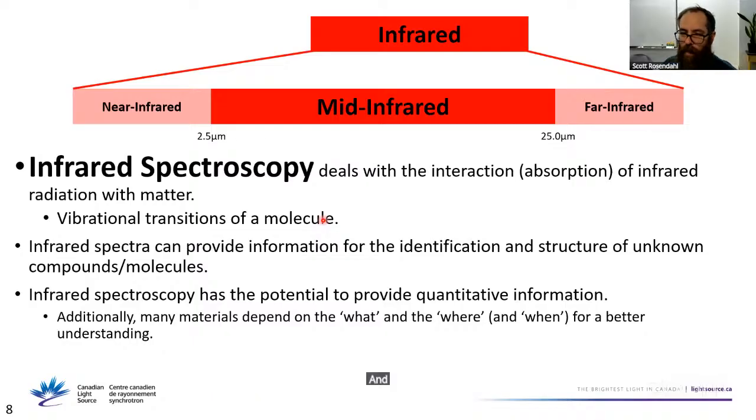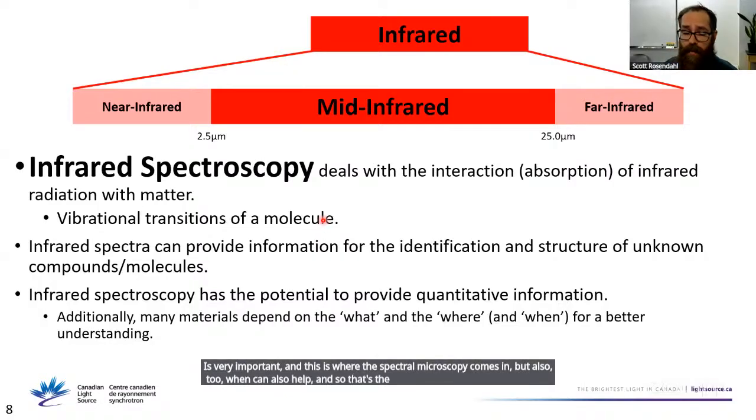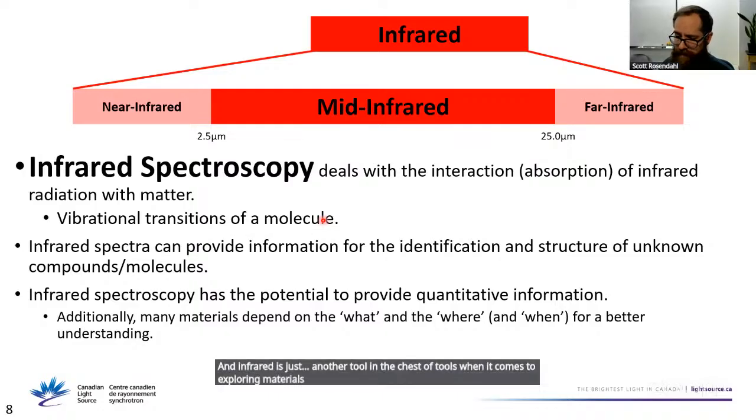And what I really want to highlight is that when we're trying to understand materials, the what and the where is very important. This is where the spectral microscopy comes in, but the when can also help, and that's the time resolved component of all this. Infrared is just another tool in the chest of tools when it comes to exploring materials and samples.